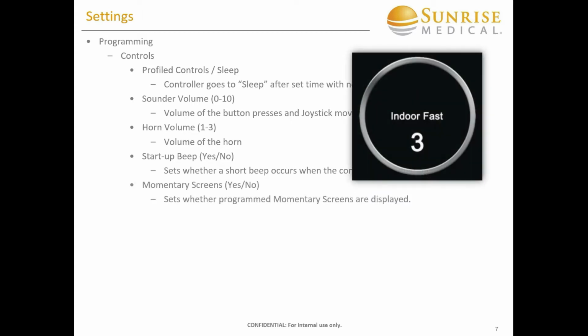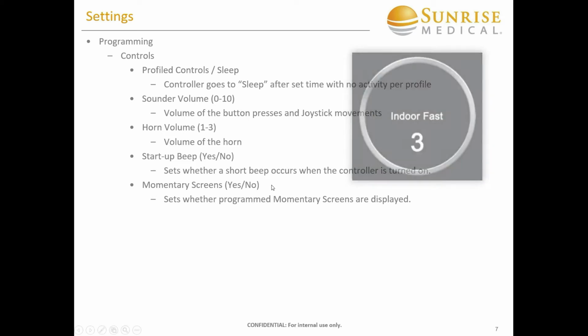There's also this momentary screen setting. Every time you change a profile, it'll come up with a short momentary screen to let you know that it has been changed. If that is annoying as well, you can turn that off so that no momentary screen comes up.